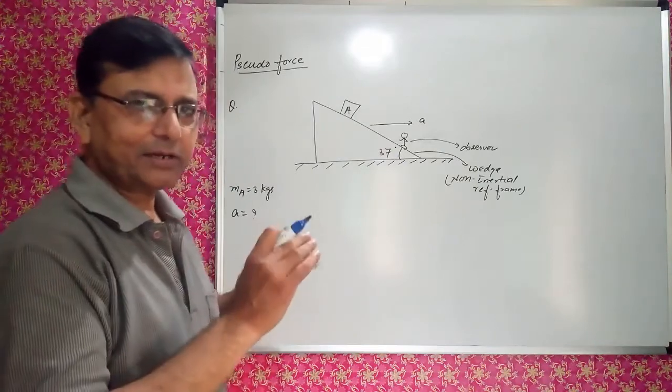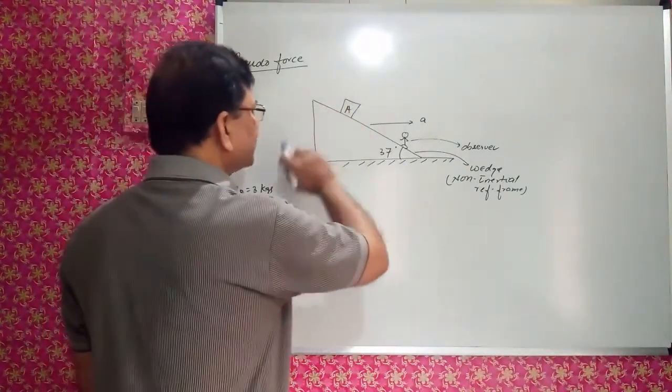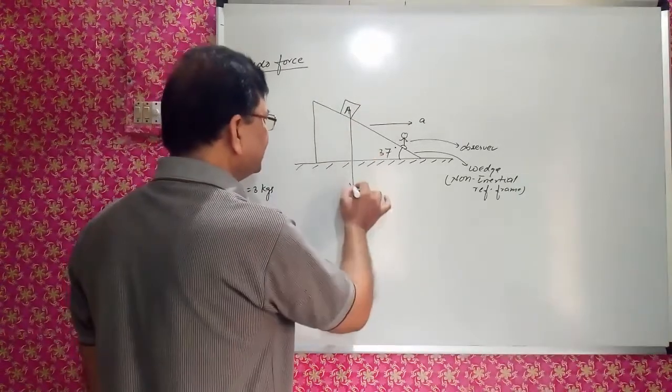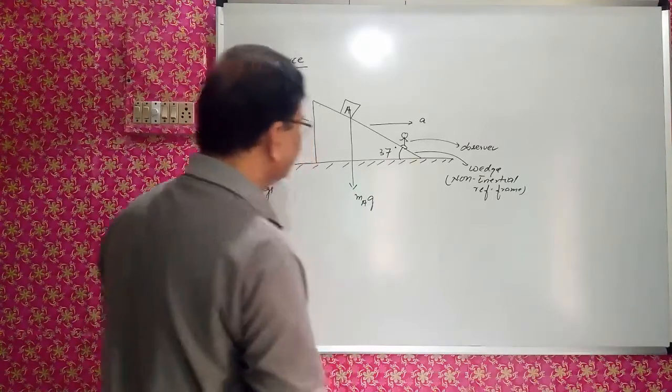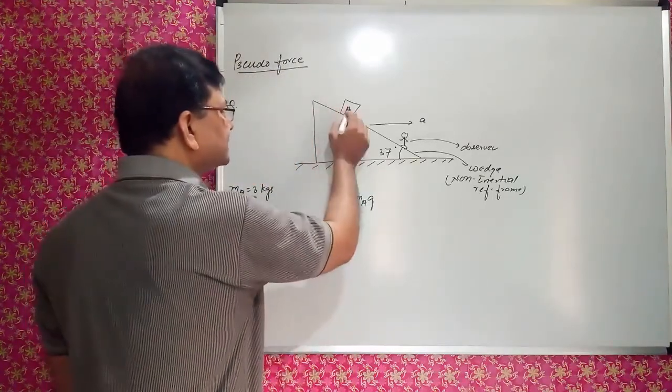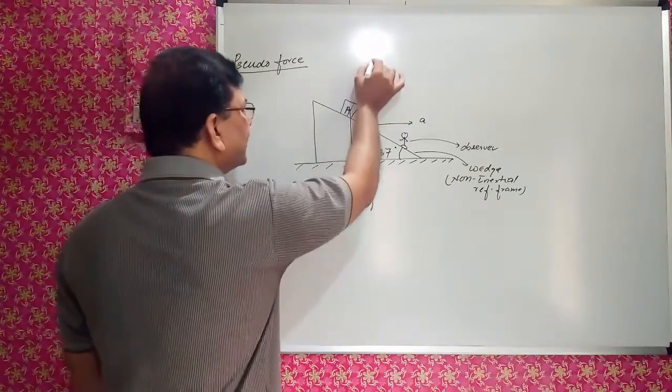The net effect of those forces should be 0. Now you see, what are the forces acting on this? mg is acting downward, and on this, due to this wedge, the normal reaction will act, right?